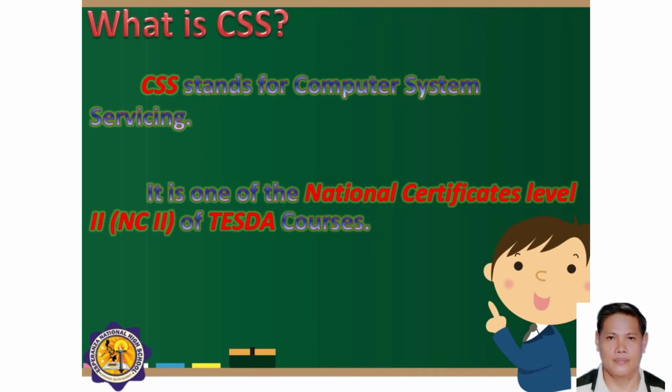There are many courses offered by the TESDA, one of which is electronics or EPAS. Another is electrical. Another one is plumbing. And there are many more skills courses offered by TESDA.